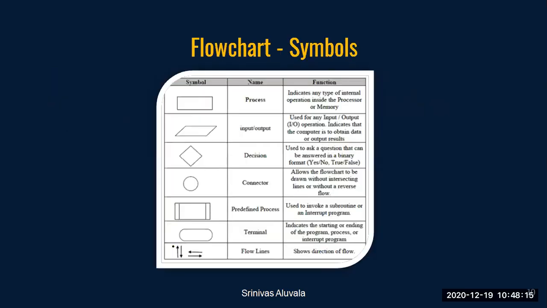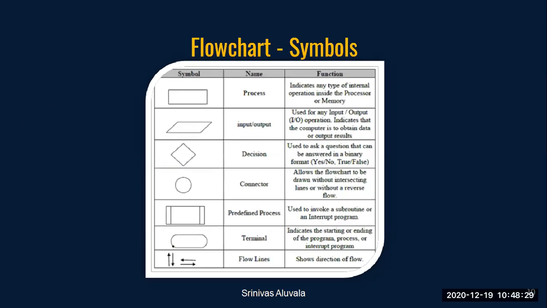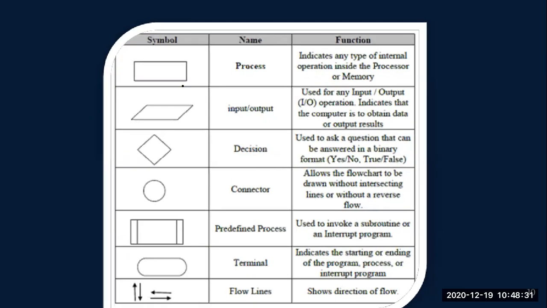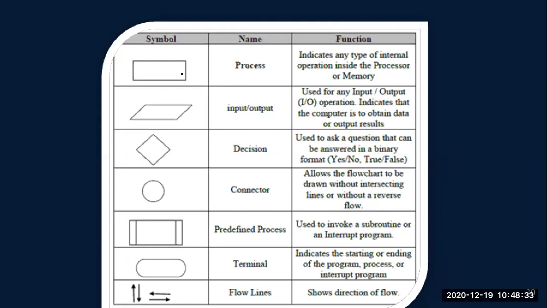So when we think of a flowchart, what kind of symbols do we use? What are the basic graphical symbols used for showing the solution of a problem? Here come the symbols which we use to show the process of a flowchart. You can see one symbol here on the top.